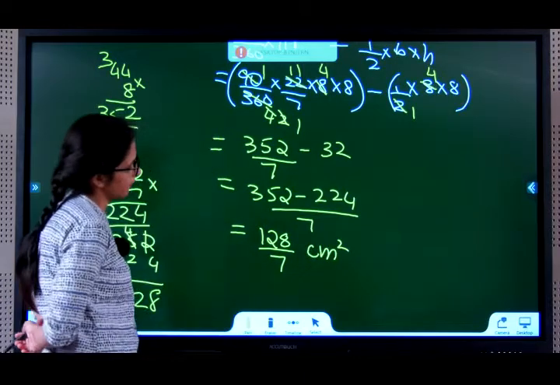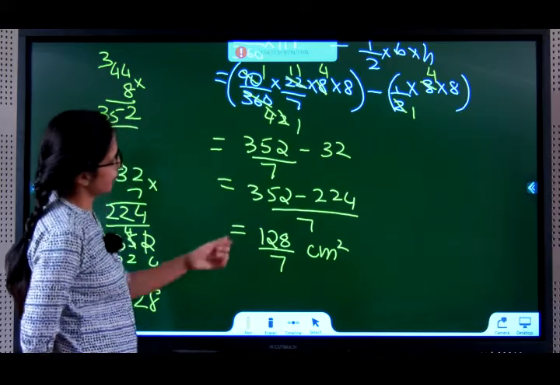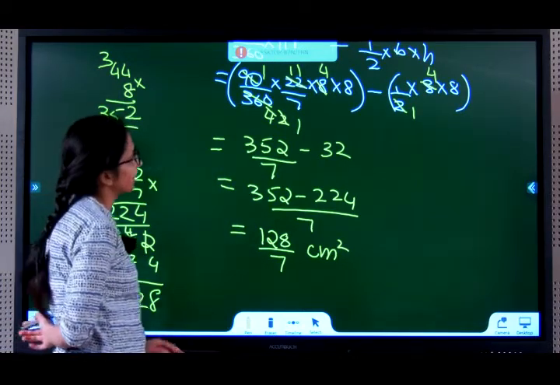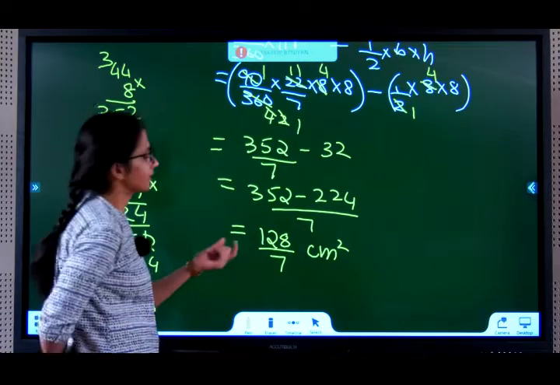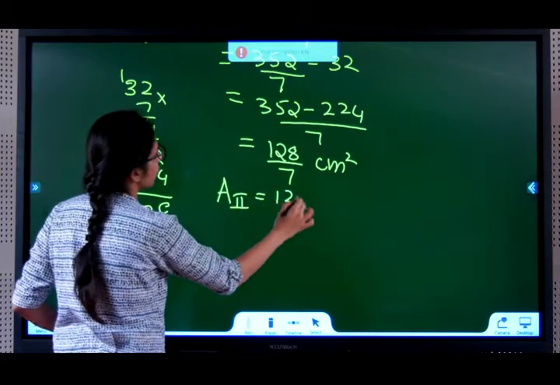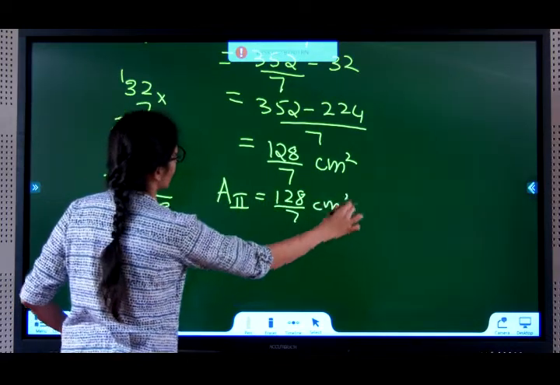Is 128 by 7 divisible? 7 1s are 7, remainder not divisible. Okay, so 128 by 7 centimeter square. So area of the part 2 is also 128 by 7 centimeter square.